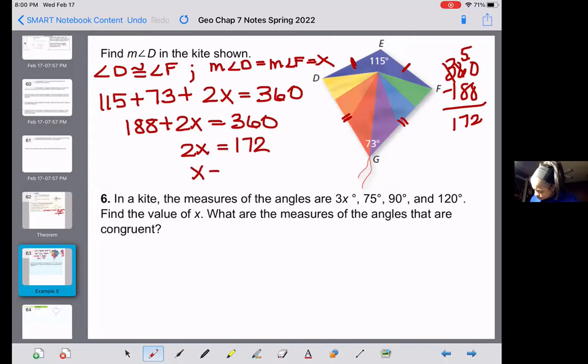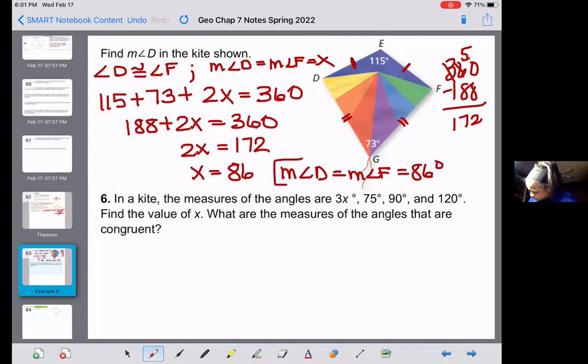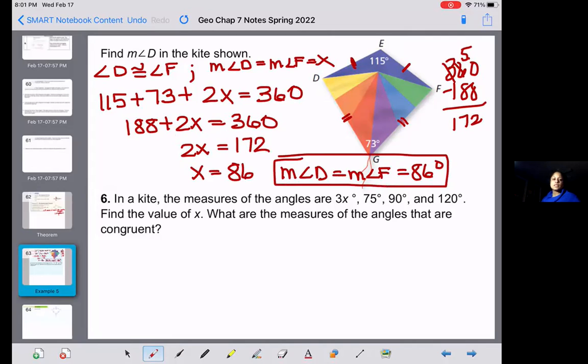Divide by 2. 86. Okay, so the measure of angle D equals the measure of angle F, which equals 86 degrees. There you go.